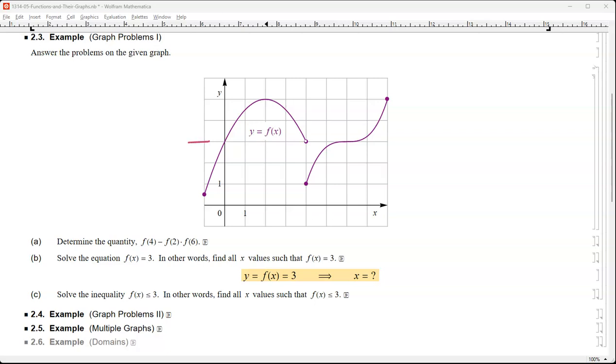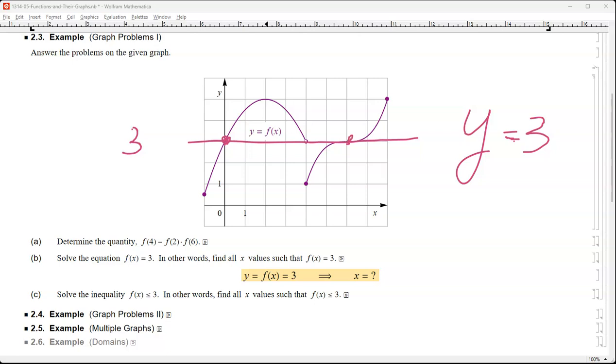Okay, y equals 3 is this horizontal line. So y equals some number is a horizontal line, in this case 3. They all share the same y-coordinate value, 3. And then we have crossing points, one here, oh, not this one, just 2.